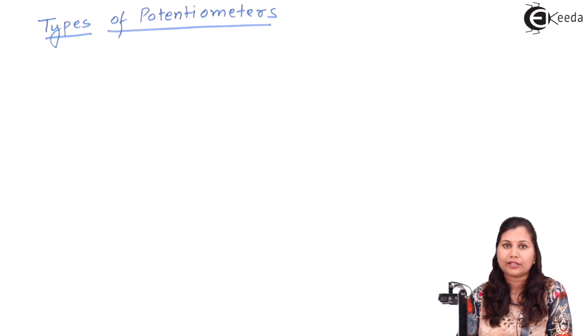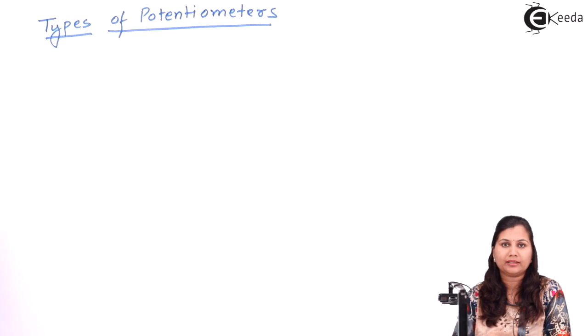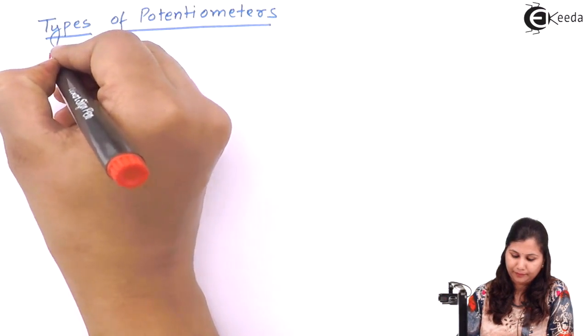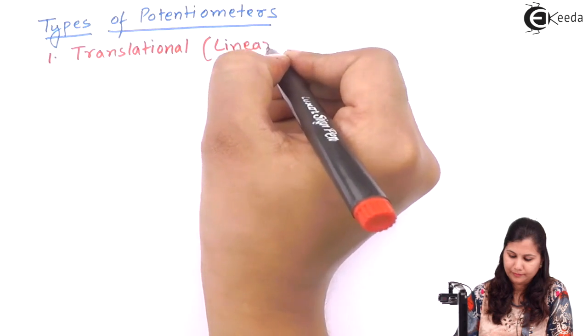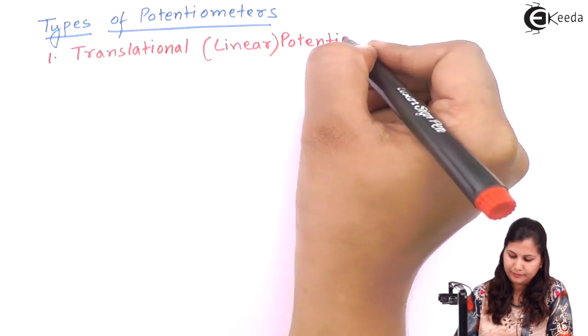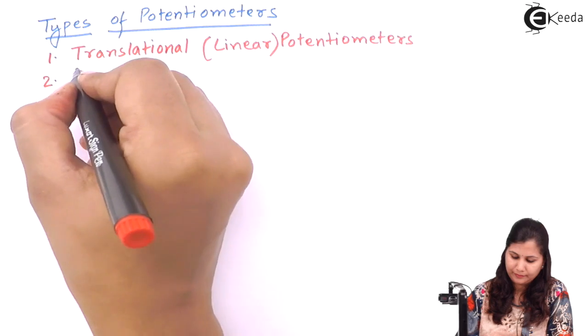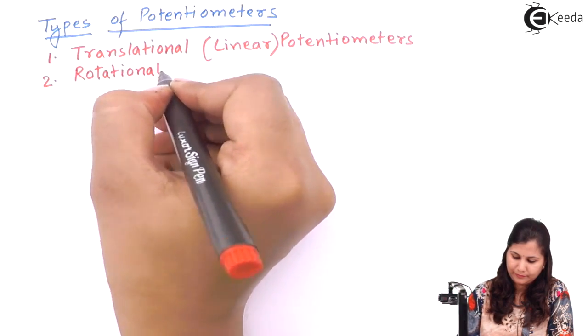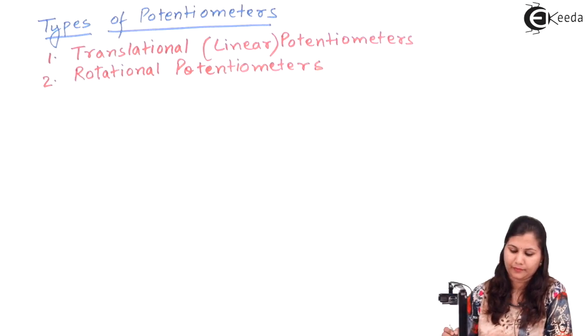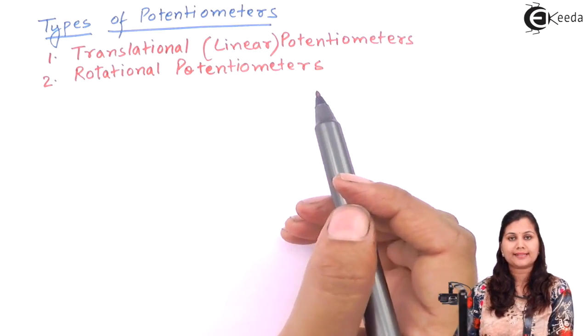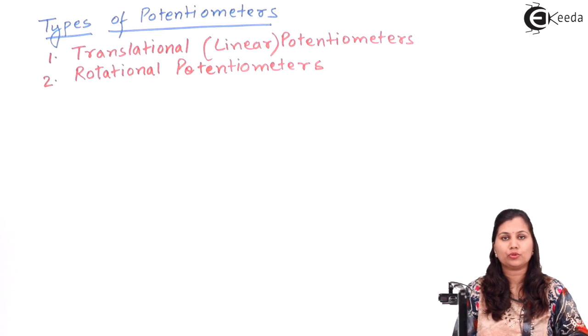First is the translational, or linear, potentiometer, and second is the rotational potentiometer. The translational potentiometers convert linear displacement into a voltage, and rotational potentiometers convert a rotational displacement into a voltage.